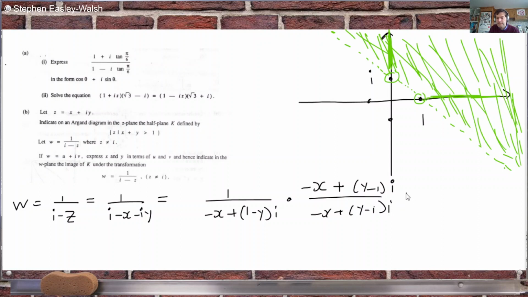So then on the top, I get minus x plus y minus 1 i. And then on the bottom, I'll get x squared plus 1 minus y squared.